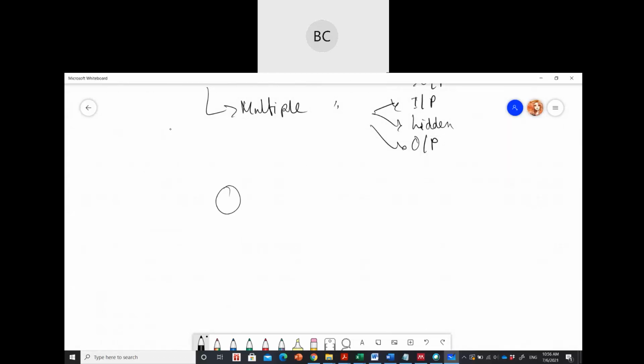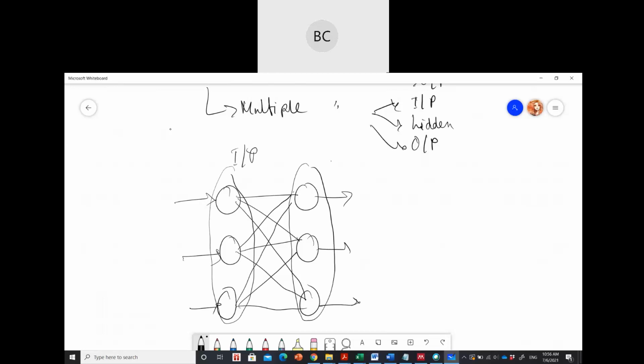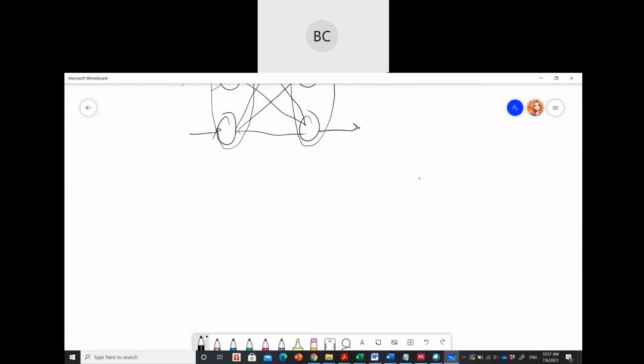Suppose this is a network. For a single feed forward network, all neurons are interconnected to the other neurons. This is your single feed forward network. Here this is your input layer and this is the output layer, and there is no hidden layer. Your multiple layer feed forward network, or multi-layer perceptron, has three layers.